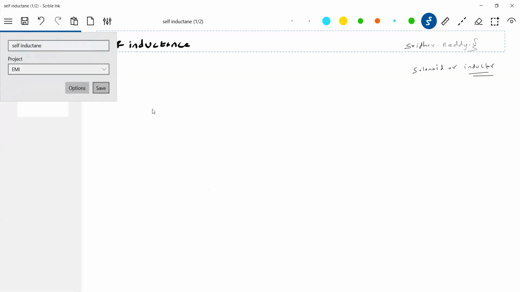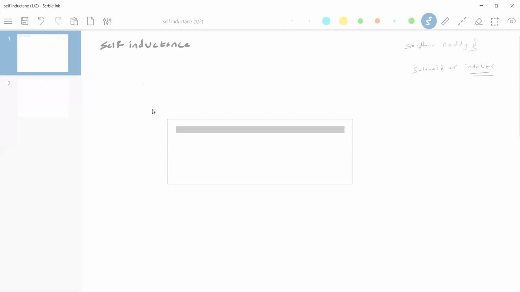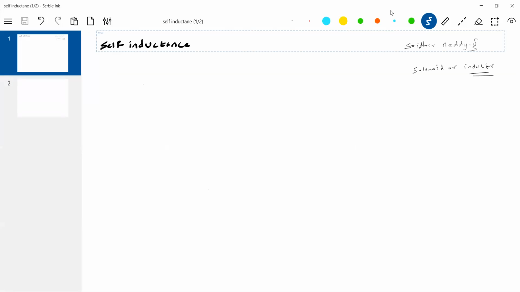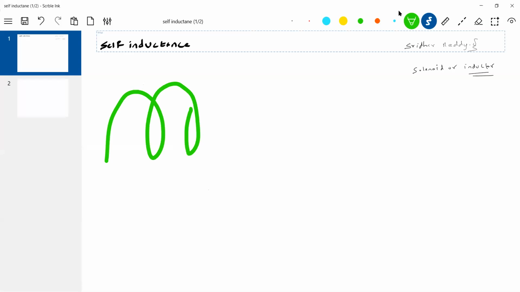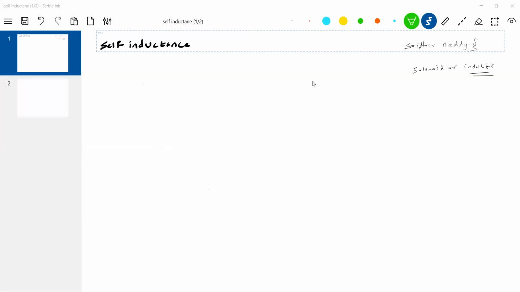I'll just draw a rough diagram because again it takes so much time, especially that spring. It's troubling me a lot. It is there in the recording, but not the physical copy.